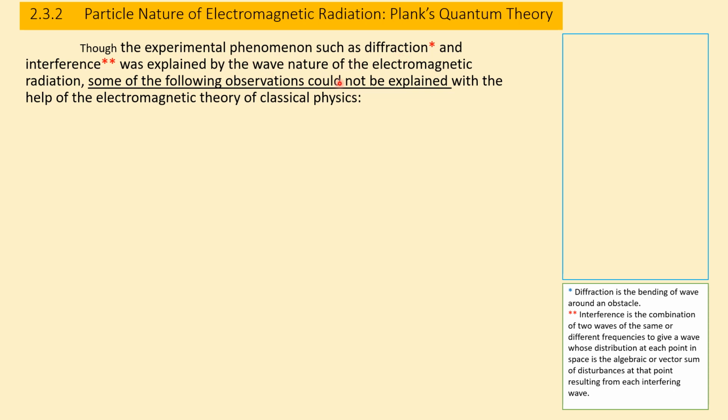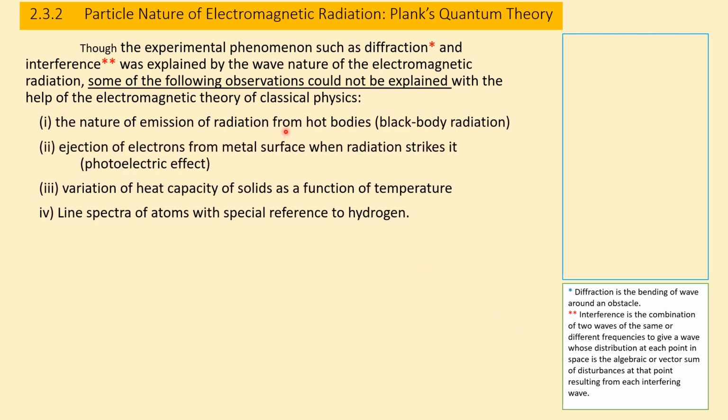Diffraction is the bending of a wave around an obstacle, and interference is the combination of two waves of same or different frequencies to give a wave whose distribution at each point of space is the algebraic or vector sum of disturbances at that point, resulting from each interfering wave.